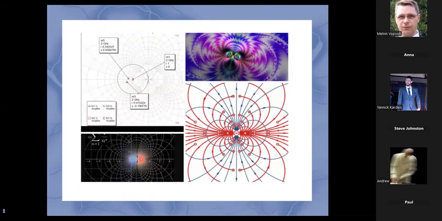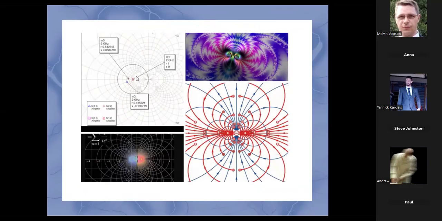So in this picture, we can see this comparison we also had previously. This is a Smith chart used in electrical engineering, which shows the same geometry as the zeta function. But in this one, it is linear, and in this one, we are in the complex plane.